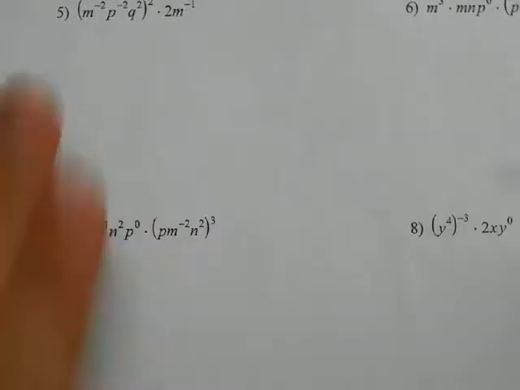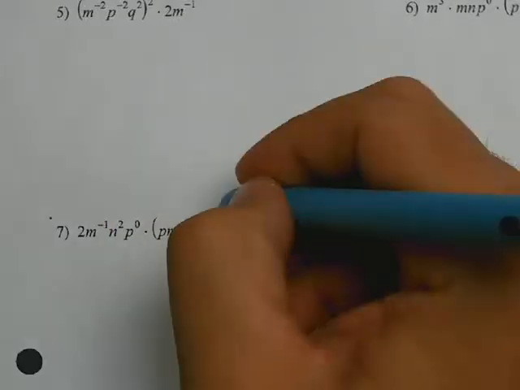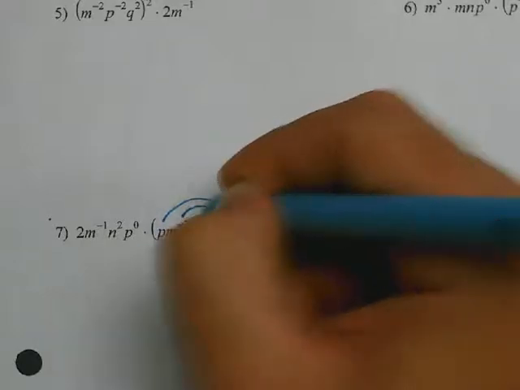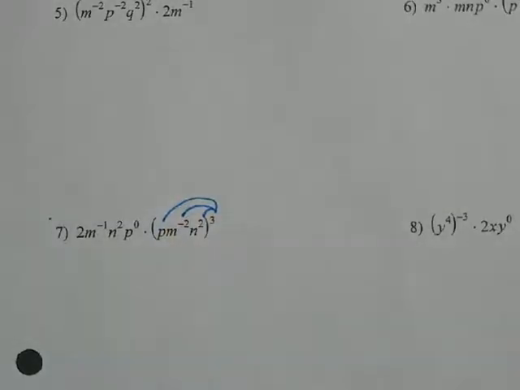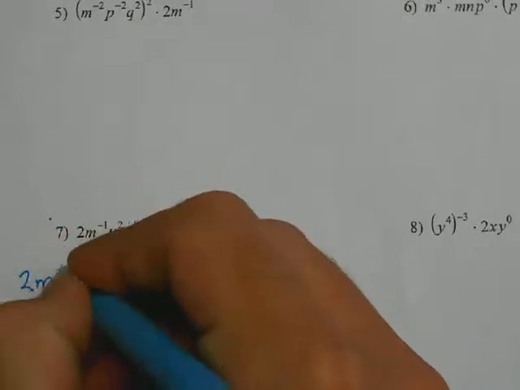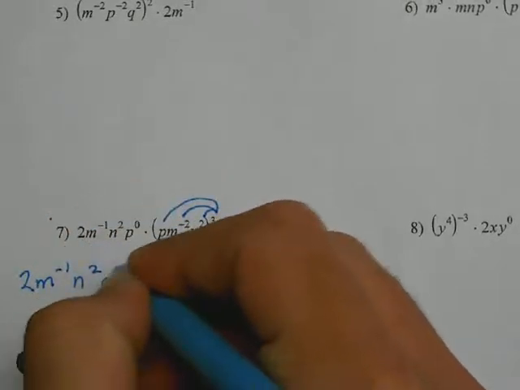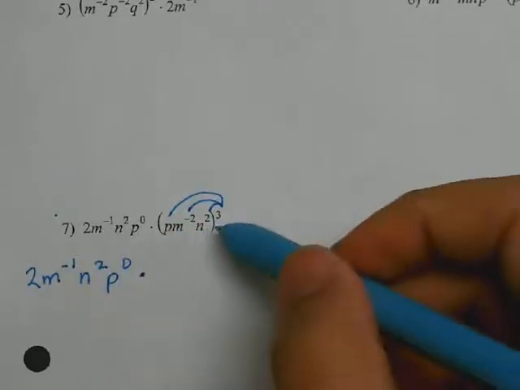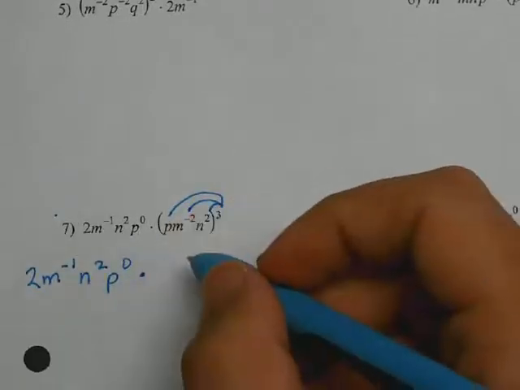Your first step is to raise each factor to the power. So I'm going to rewrite the left side of the problem: 2m to the negative 1, n squared, p to the 0, times, now simplify this. Well, I told you in some of my classes today, you just got to write this stuff out.